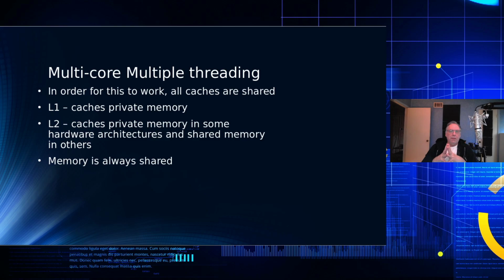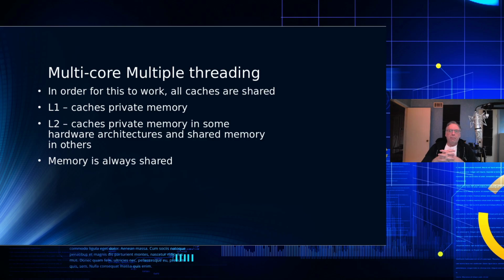So for multi-core, multi-threading to work, all the caches have to be shared. So we have to have one cache someplace that is shared. L1 isn't the place to do that, because that's private memory, always, as far as I have ever seen. I've never seen shared memory out of L1 in my memory. But L2, and that depends on the chip manufacturer, L2, L3.